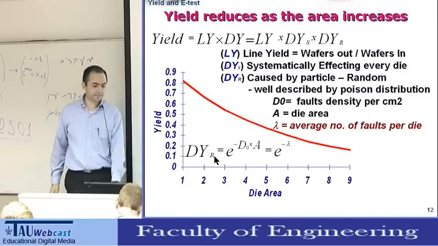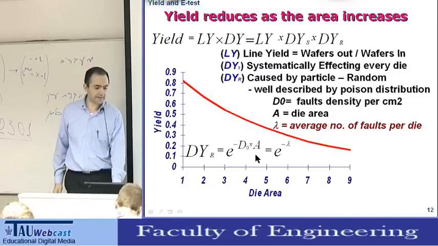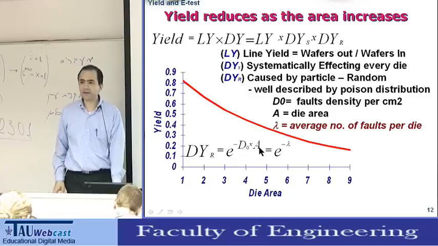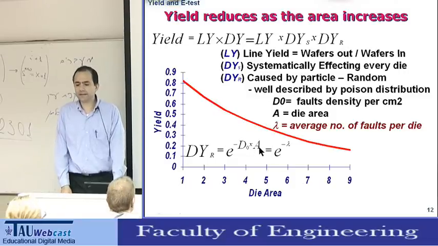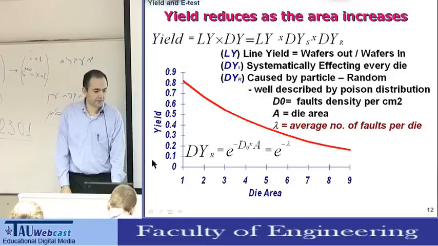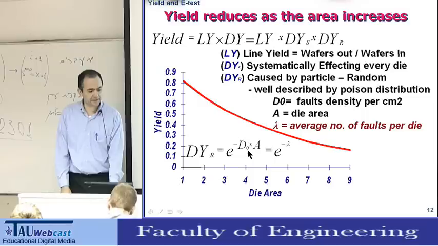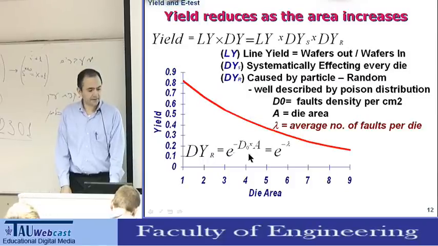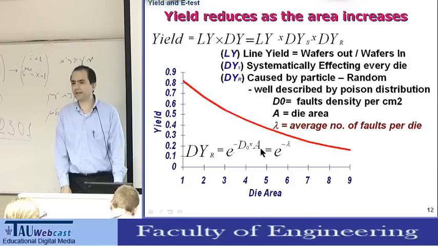The formula has the area in the exponent, and we also have another element which is the fault density, so the number of defects per area times the area of the die.